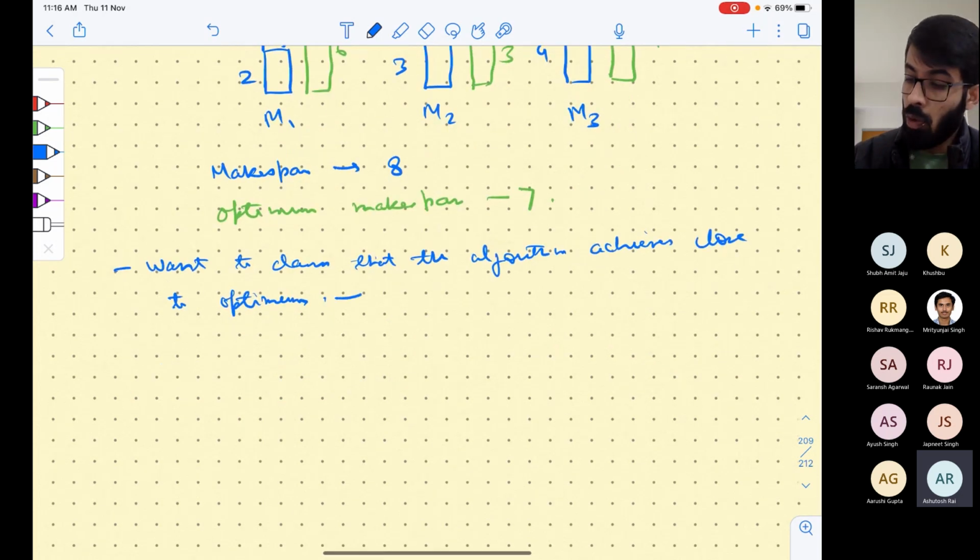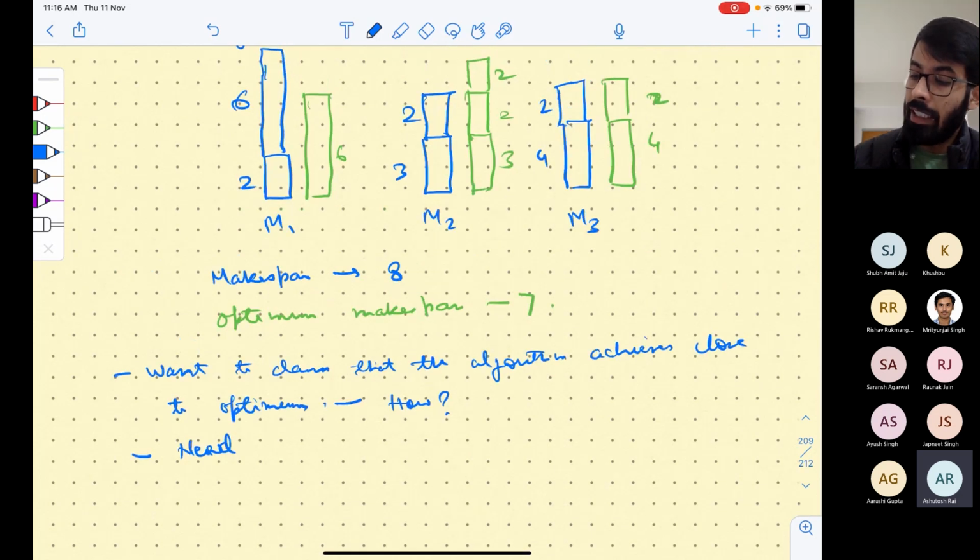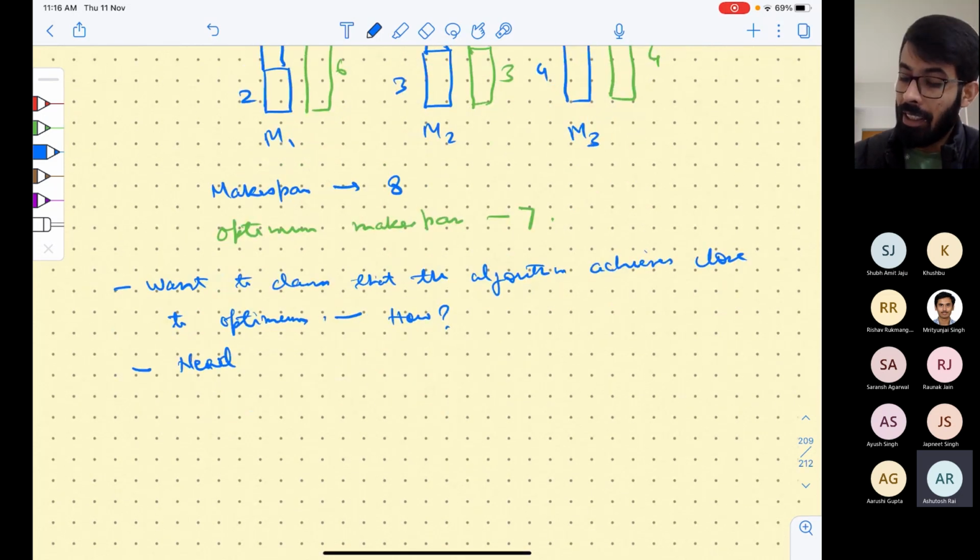But how do we do that? We need some lower bound for the optimum. That is why I'm asking you to find a lower bound, so how can we say that this 7 is optimum, let's say.